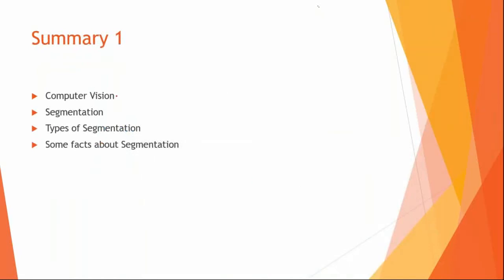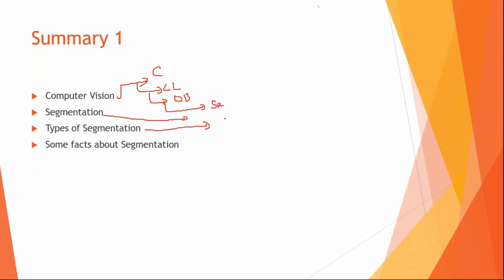So I started off with computer vision. I spoke about how it started off: classification plus localization, then object detection, and then it went into segmentation. Then I told you the important pointers about segmentation.